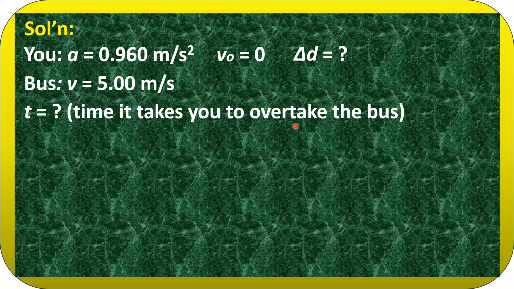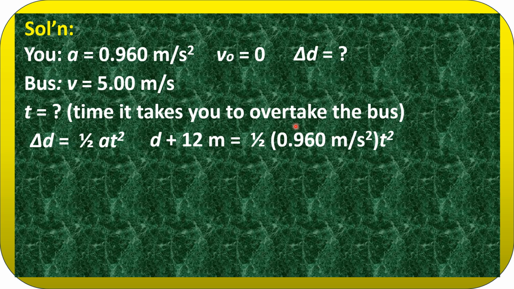Our equation now becomes delta D equals 1 half a t squared, where the delta D is in fact equal to D plus 12 meters.